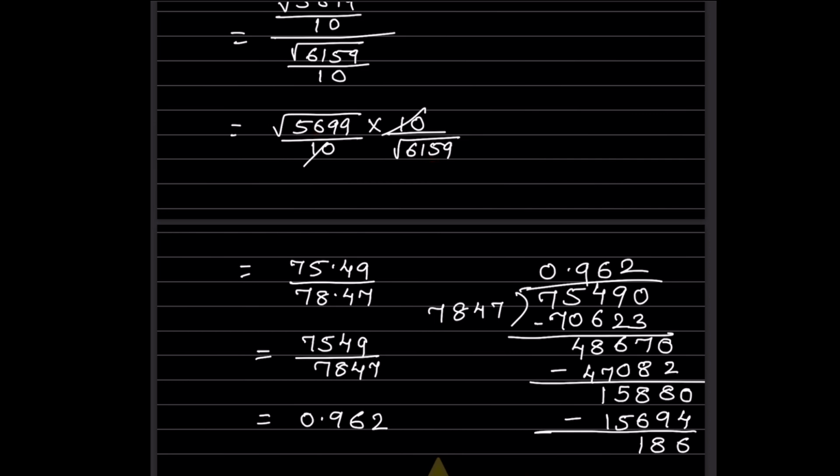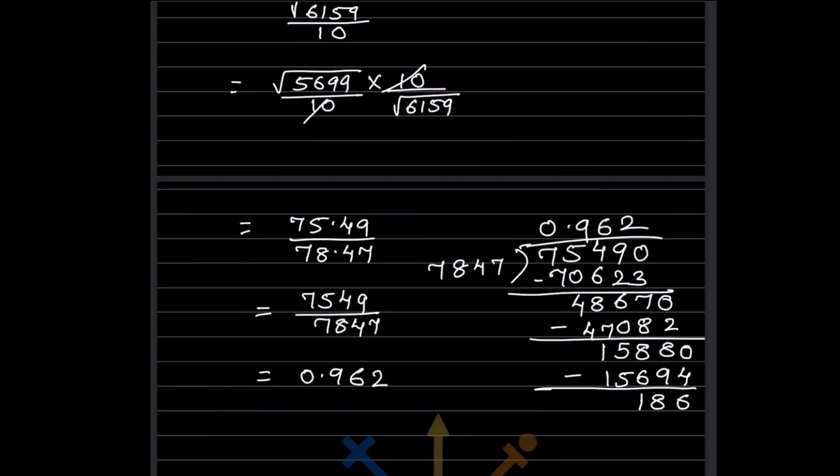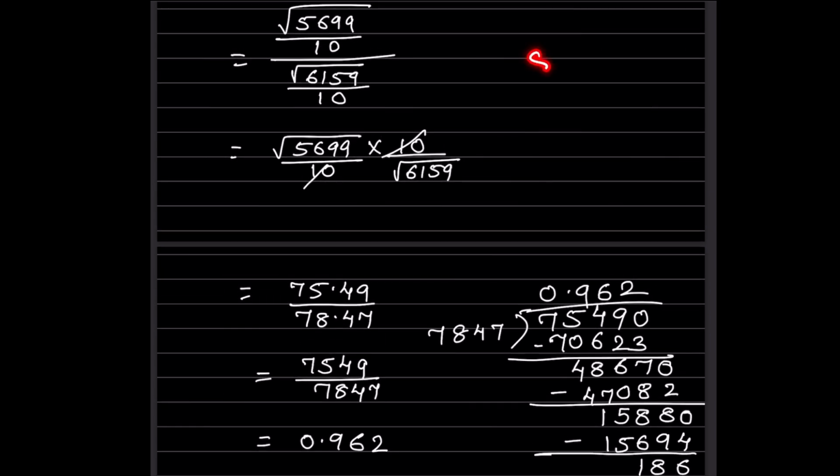So what we have to do here, we can also do one thing. So now we can write here for this one, root of 5699, that is going to be 75.49. So how are we going to do it? We can do that with the long division.